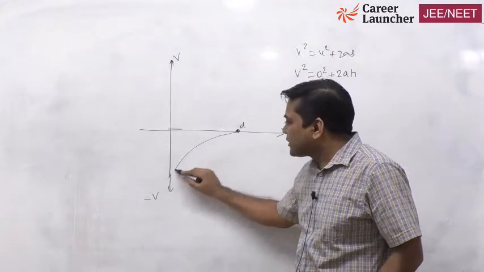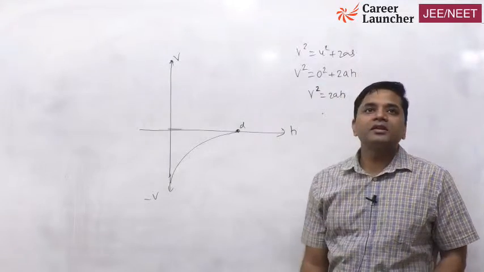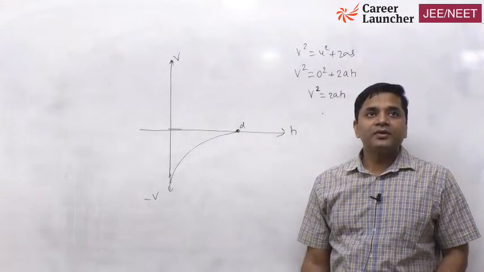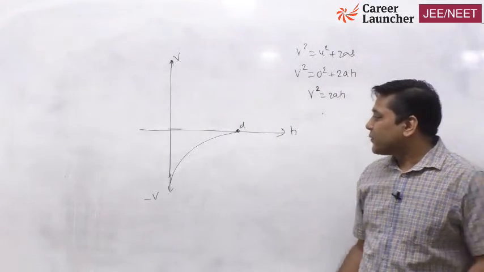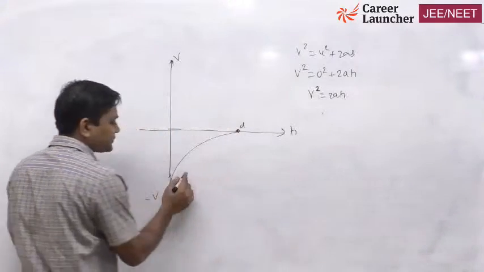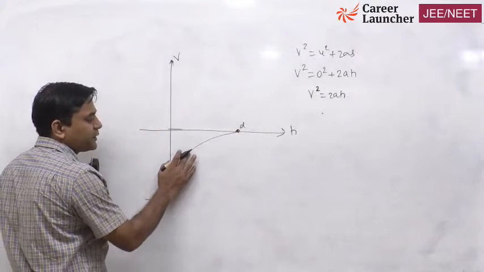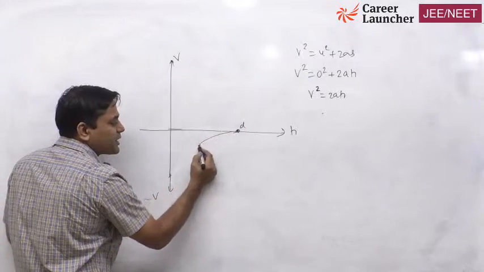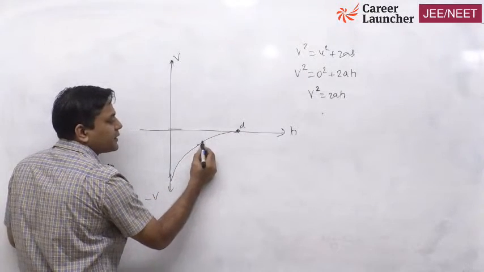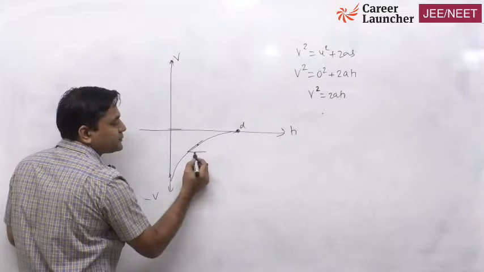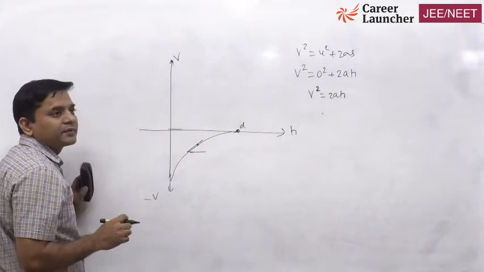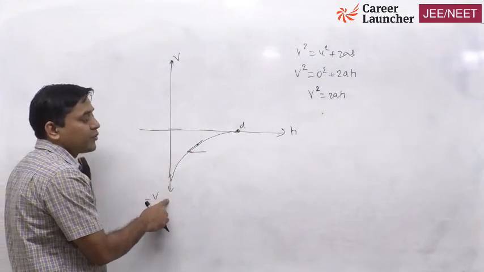Now why not curved this way? Think carefully. What is the problem with this? Once it goes like this, this curve, you can check the slope and everything. Here the slope is negative, but this is the h versus v slope.